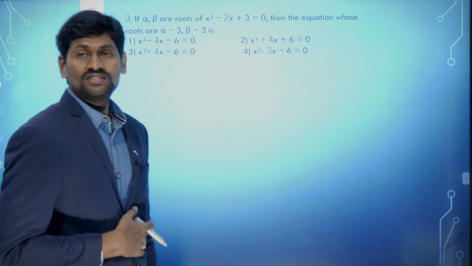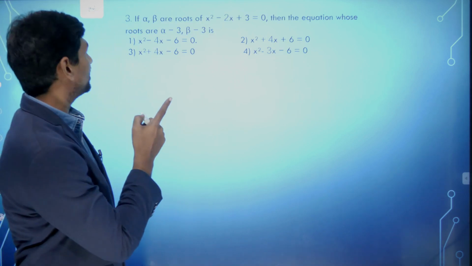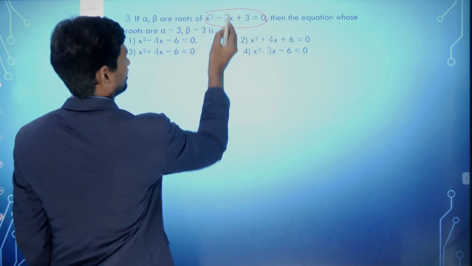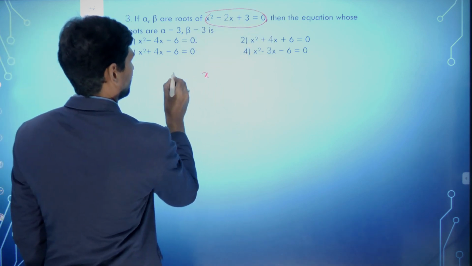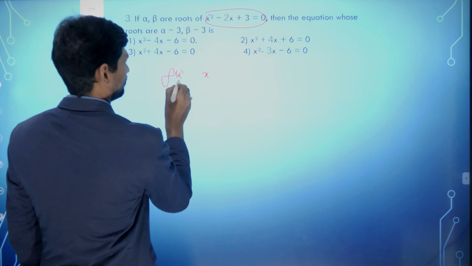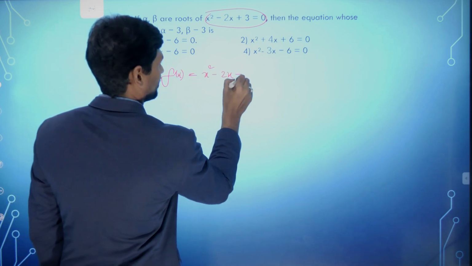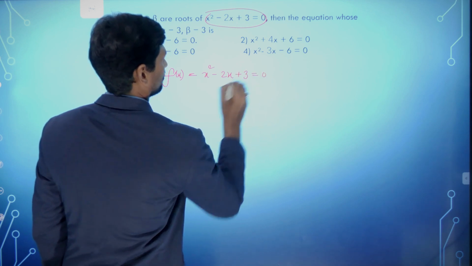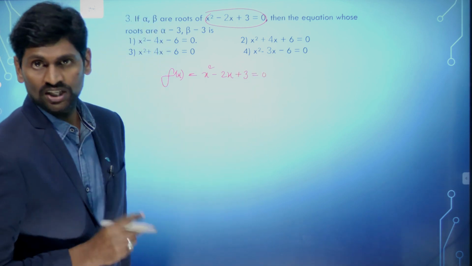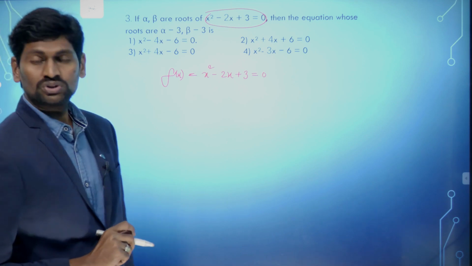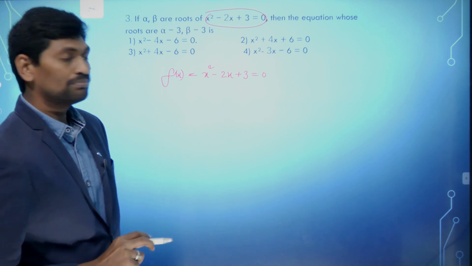See here, alpha, beta are roots of this quadratic equation. The quadratic equation is given. I am writing f of x equal to x square minus 2x plus 3 equal to 0. This is the given quadratic equation. And then the equation whose roots are alpha minus 3, beta minus 3.